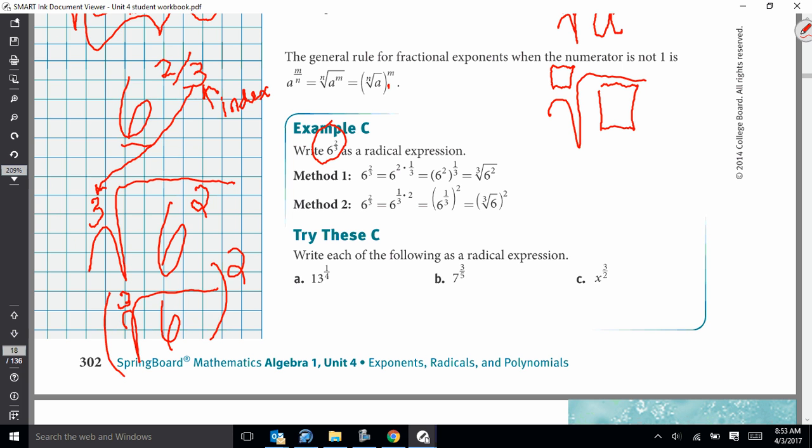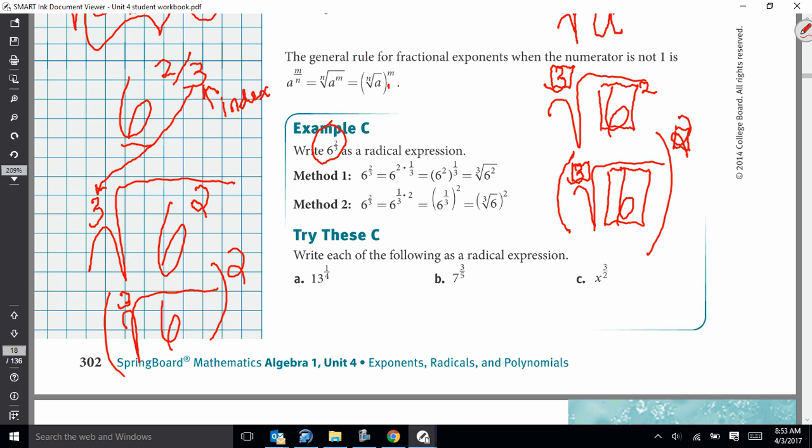Push that button and put a 3 in for your index, and put a 6 squared. Then do another one where you have parentheses in that same box, but then close it and raise that to a power of 2. We should get the same thing.